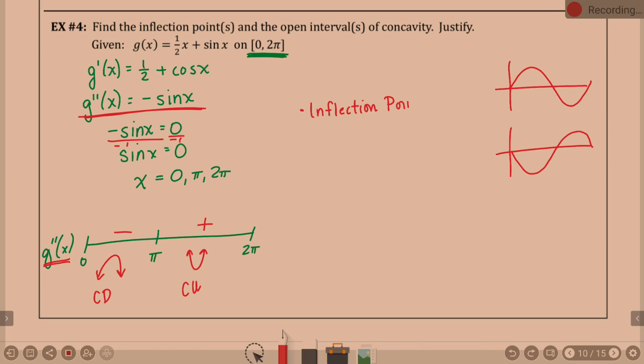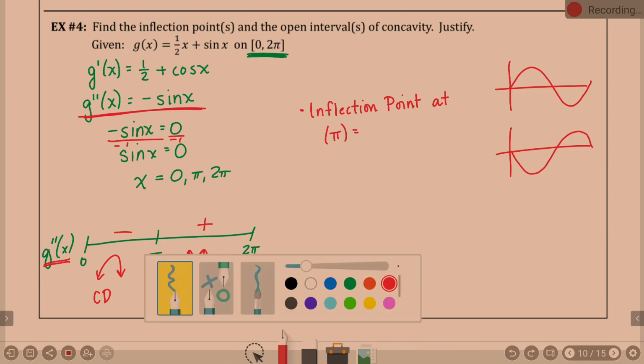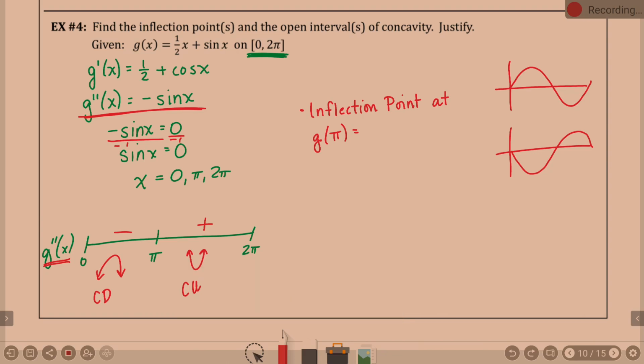Okay, there's going to be an inflection point at f of pi equals, no, I guess it's not f, it's g, but same idea. Just be 0. Is that the way you go about it? Pi, 0. Now, are you plugging it into the original equation?